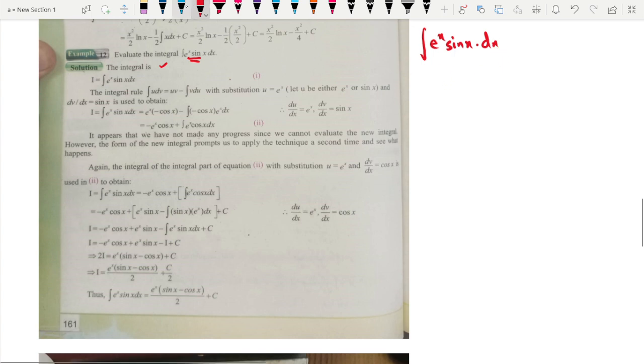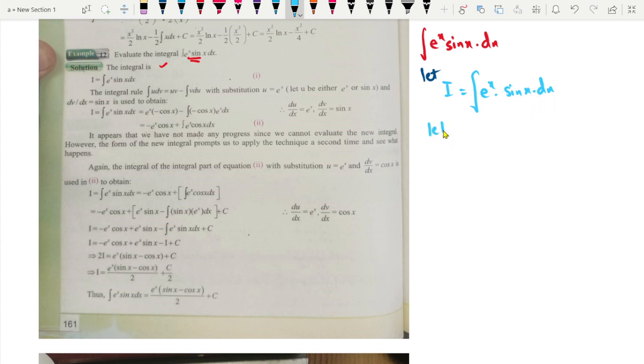Now let I be equal to the integral of e to the x sine of x dx. Now we will take sine of x as u and e to the x dx as dv.